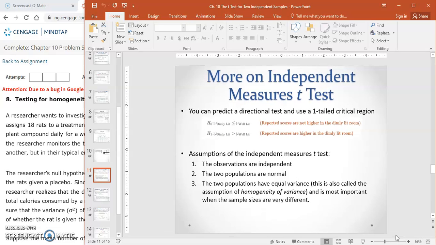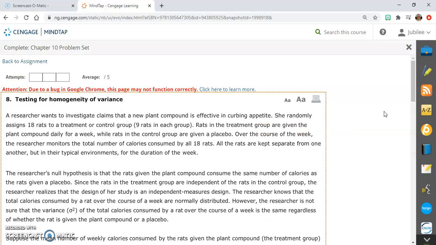That the two groups have equal variance. So this assumption is called homogeneity of variance, which means that the variance is the same. And so I have to test for this because if it's not the same, I have to make a correction.